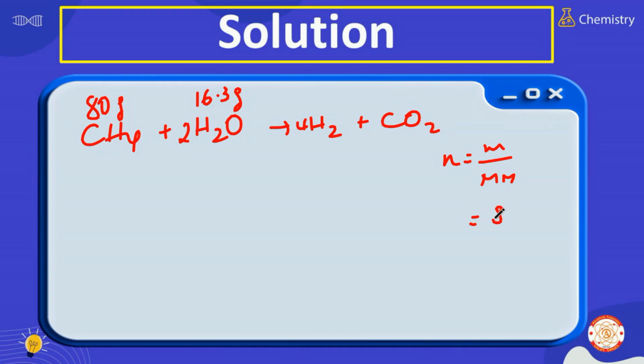Mass of methane is 80 over molar mass of methane. Carbon is 12, hydrogen is 1 times 4, which is 4. So 16 grams per mole. So solving this, we get 5 moles.